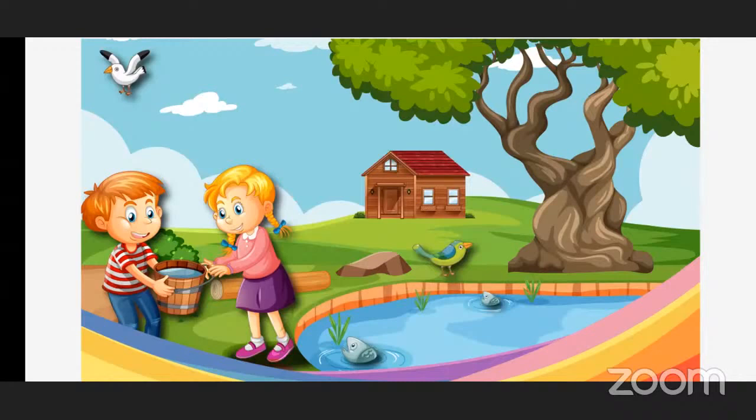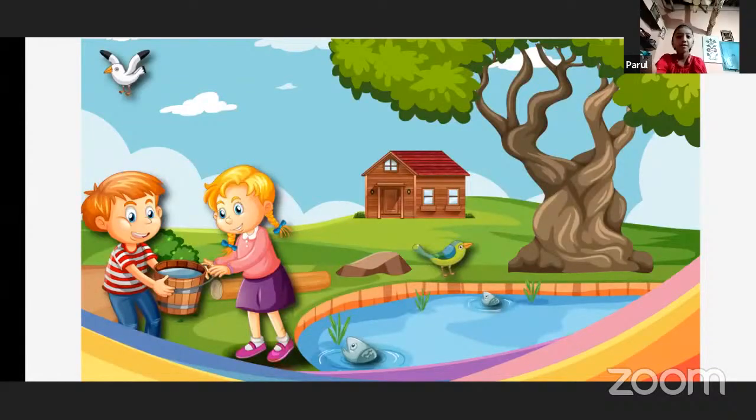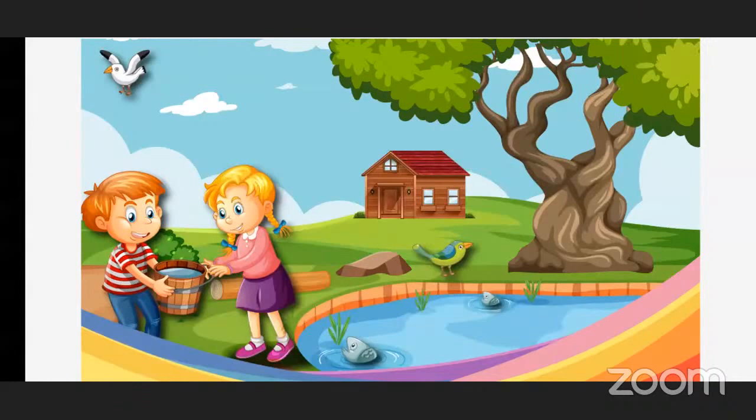One bird is near to the tree. The house is far from the tree, but who is there in the pond? Can you see the fish in the pond?